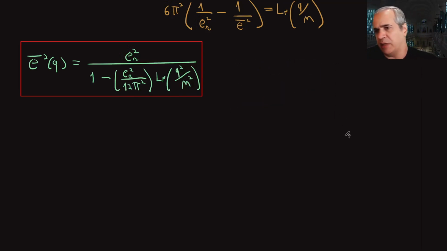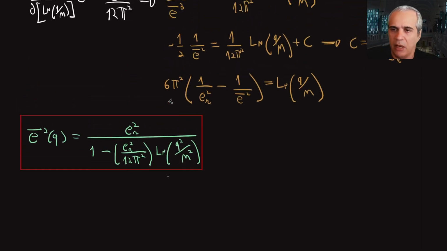But the important part is that this running electric charge now came from the renormalization group equation, right? In which we have the clear interpretation of this being the charge that you actually measure, right?